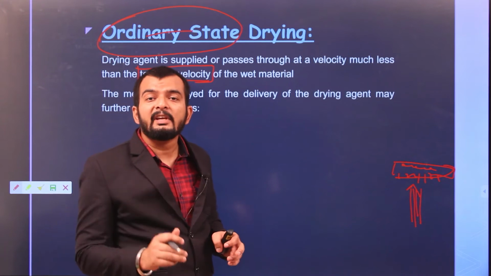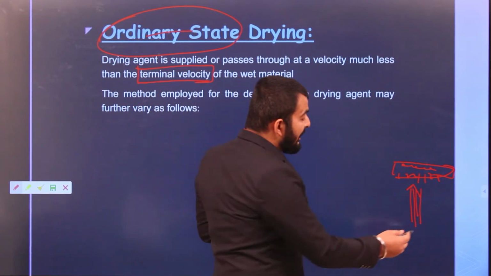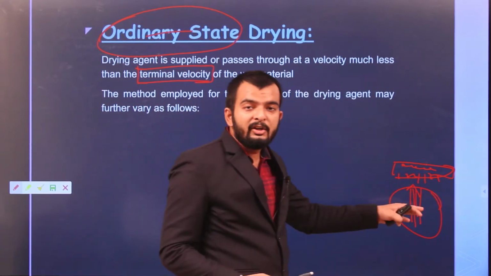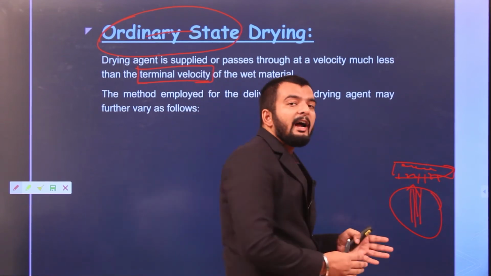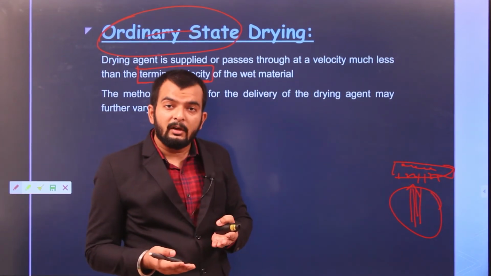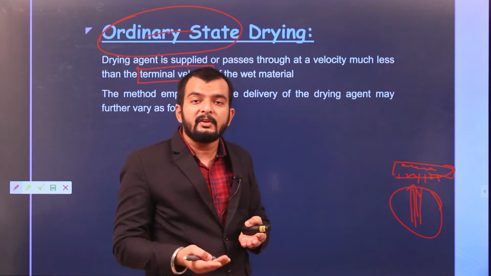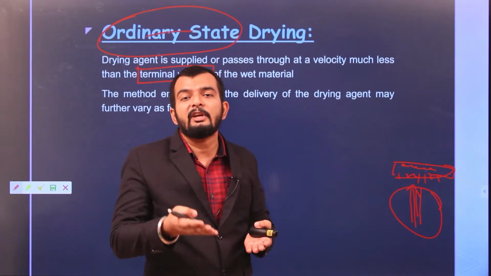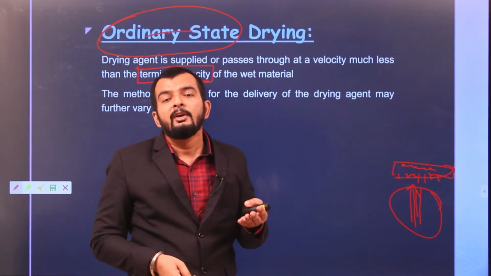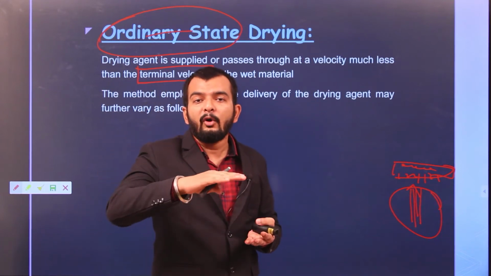But as you increase the velocity of the heating air, or the hot gases, they will start to move the grains. When this velocity produces enough force to lift the grains, equal to the weight of an individual grain, the grains will start to float in the air.